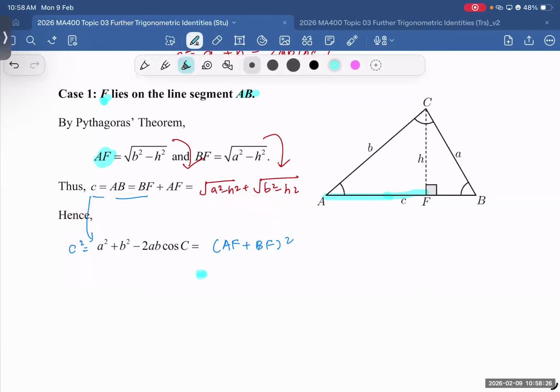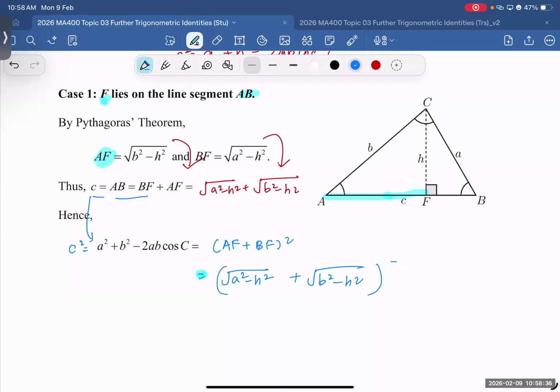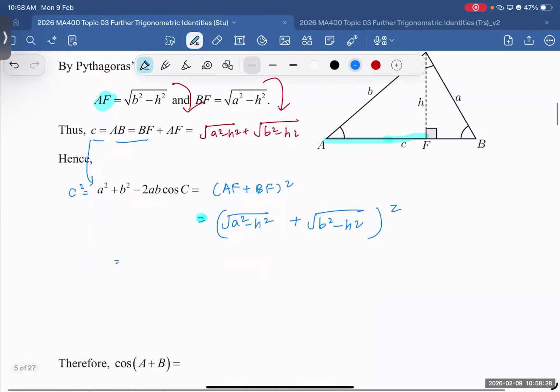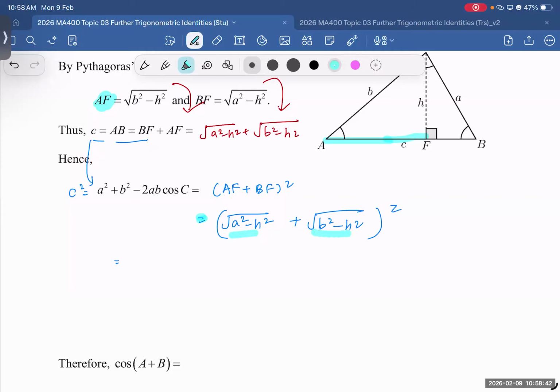So can I say that if this is AF, it's the square root of A squared minus H squared plus the square root of B squared minus H squared, all squared?